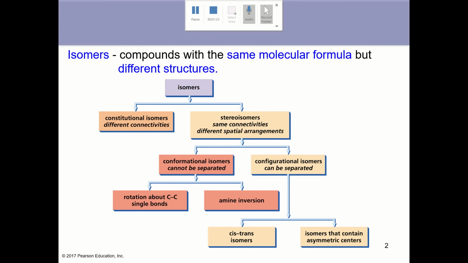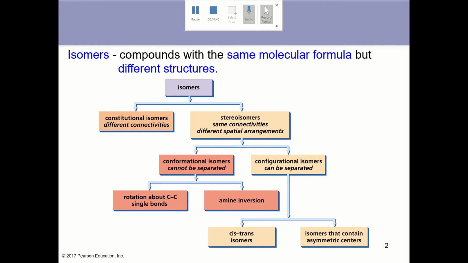In fact, we hardly ever talk about amine inversion. But then we have what we call stereoisomers that have the different spatial arrangements, but it's more than just a difference in single bond rotation. They have different spatial arrangement because they are configurational isomers.